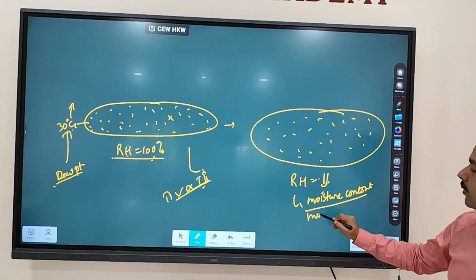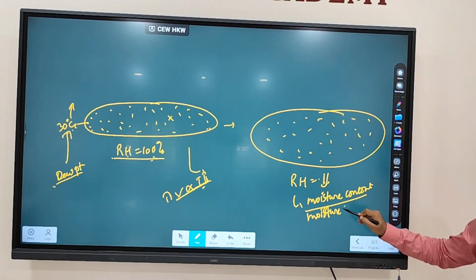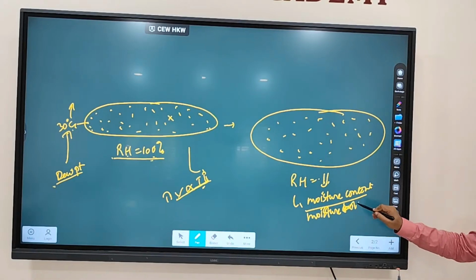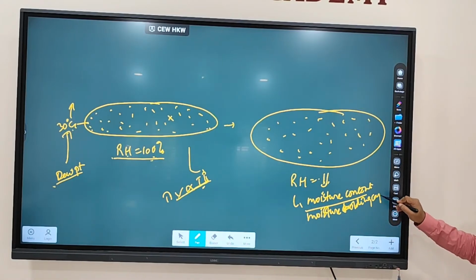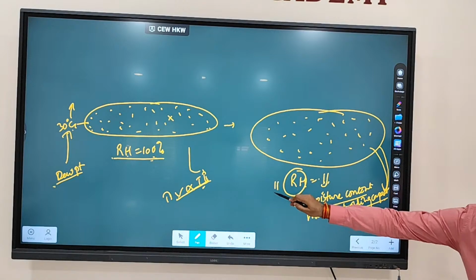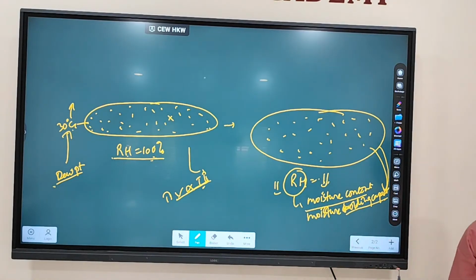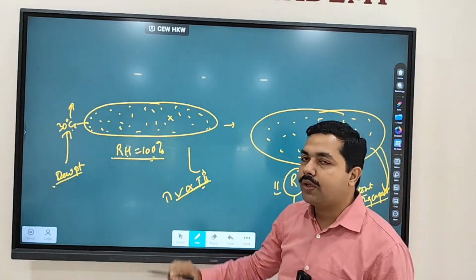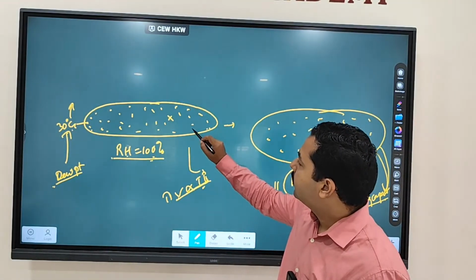When moisture holding capacity increases, relative humidity will decrease. Clear?